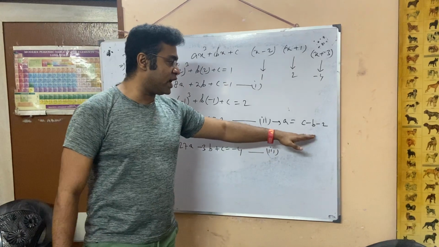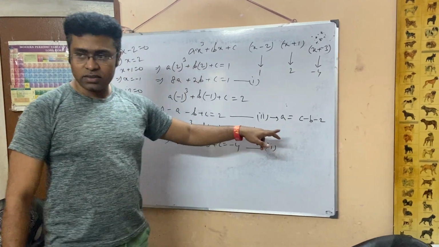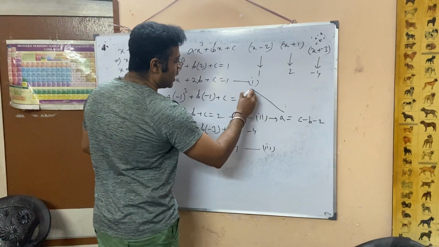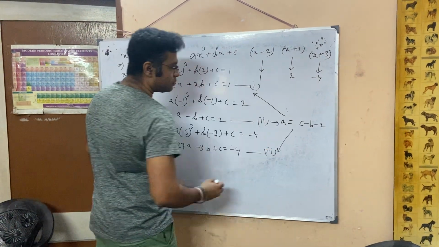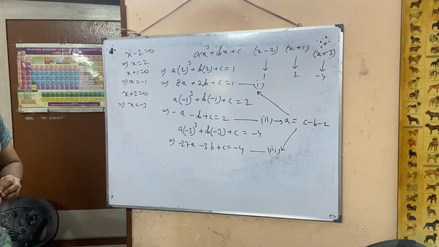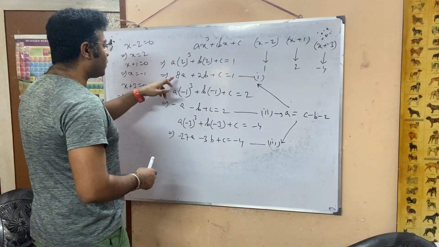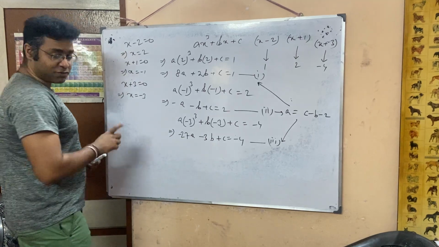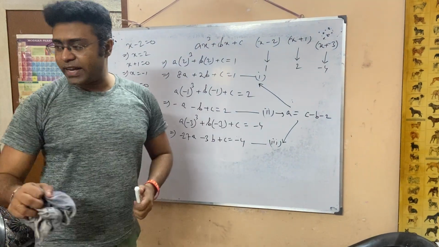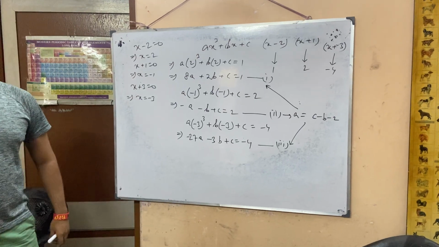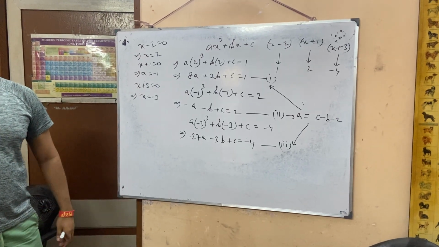Now the value of a in terms of b and c that we have got, we will place in these 2 equations. Okay? So the first equation will become, instead of 8a, I will write... I have to log it. Anyone noting it down? If you want to take a snap, you can, because I will be requiring it later.